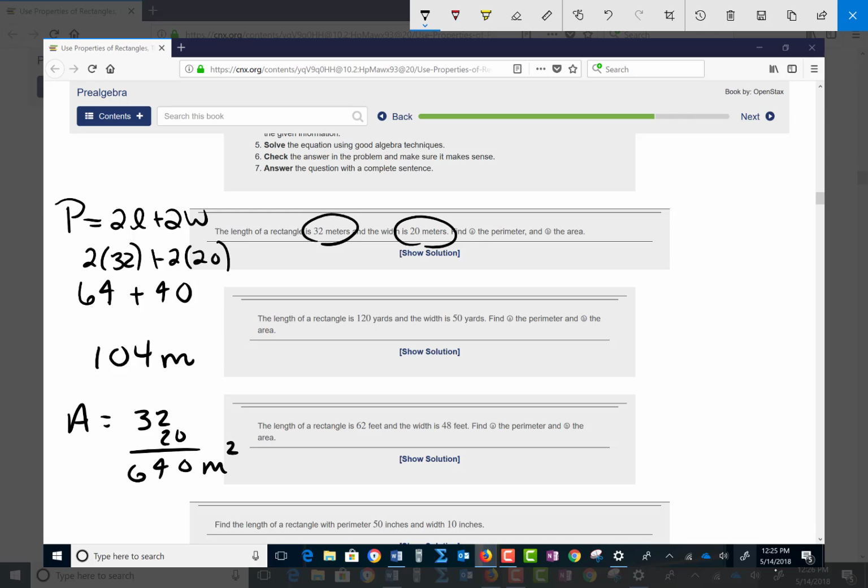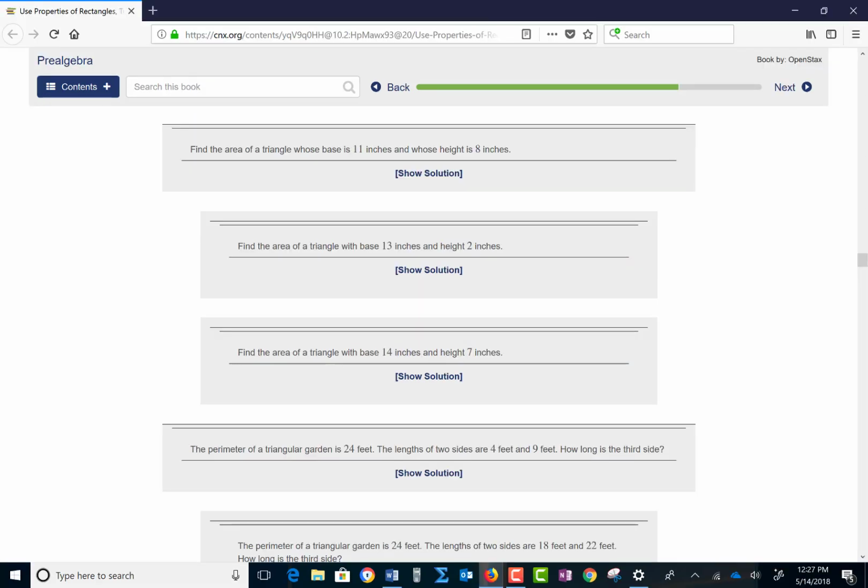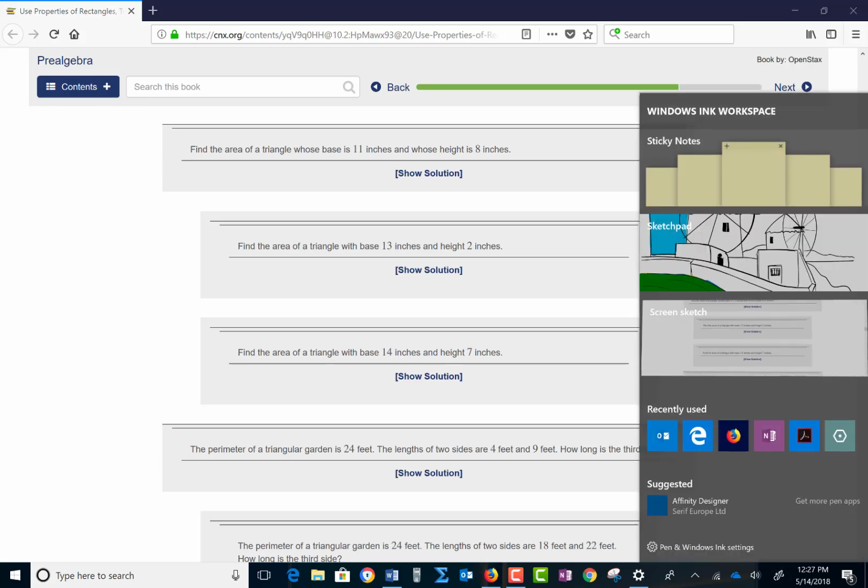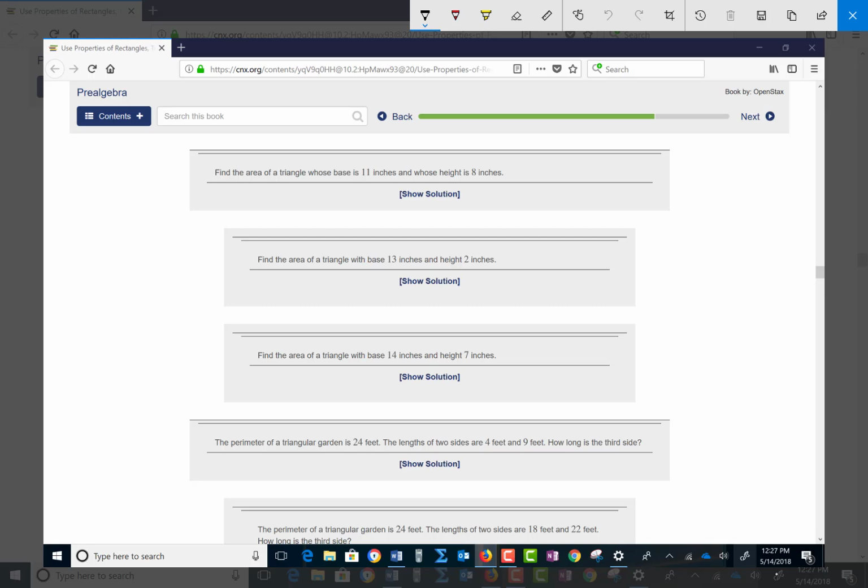Let's see if we can find one that's a triangle. That seems to be the harder ones for people. So here's one that's a triangle. This one says find the area of a triangle with base 13 inches and height 2 inches. The area of your triangle is 1/2 base times height. So 1/2 times 13 times 2.